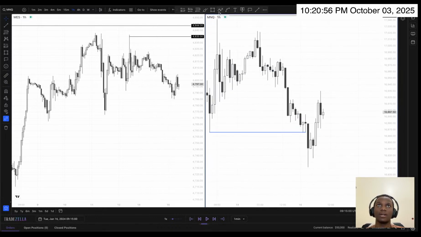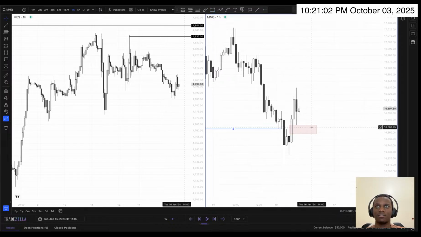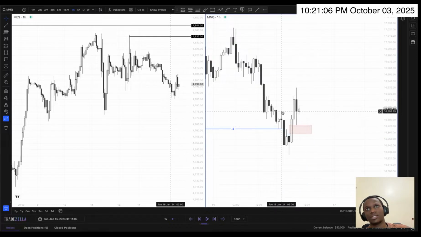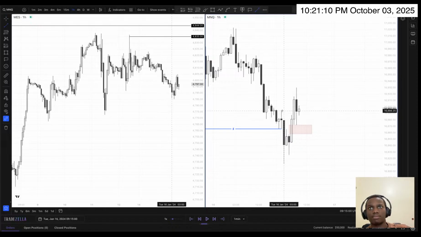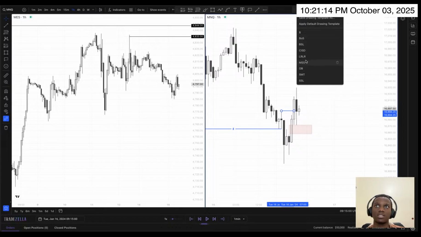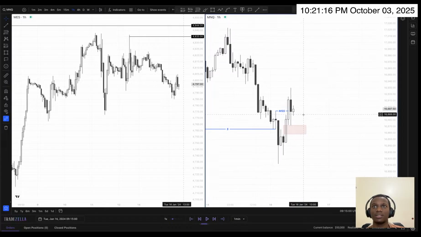Yeah, we have a beautiful fair value gap right here. So after this liquidity sweep, we'll shift the structure here. MSS, right? So we can retrace into this gap before we go high.